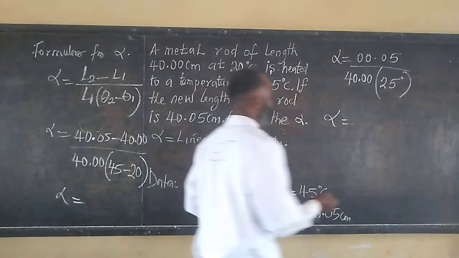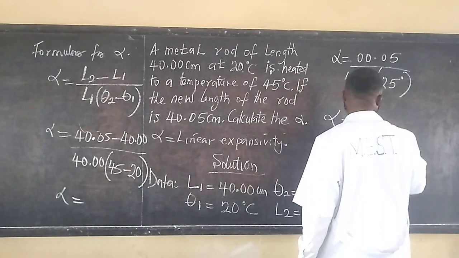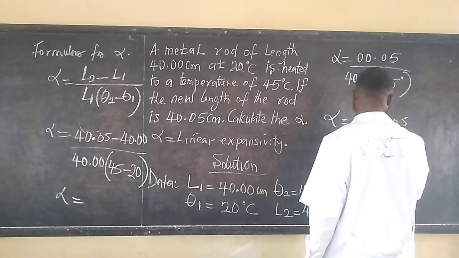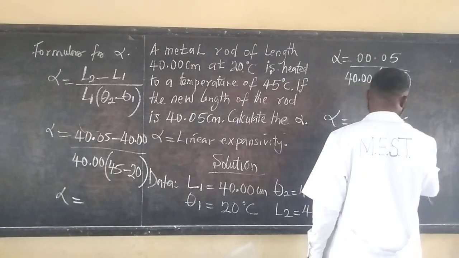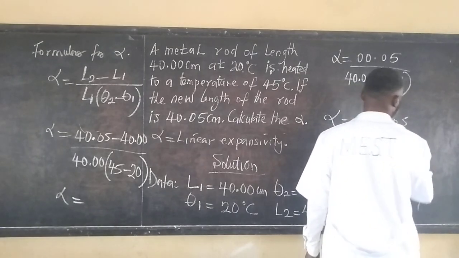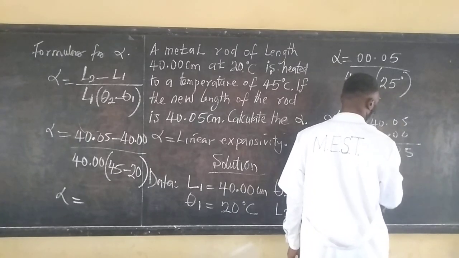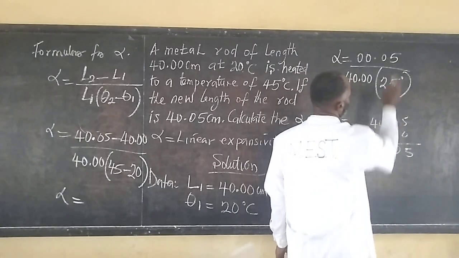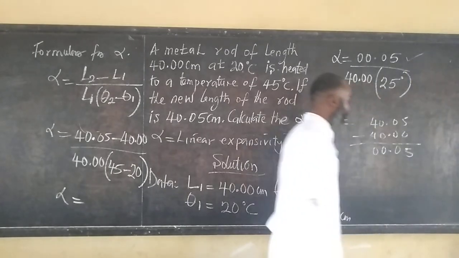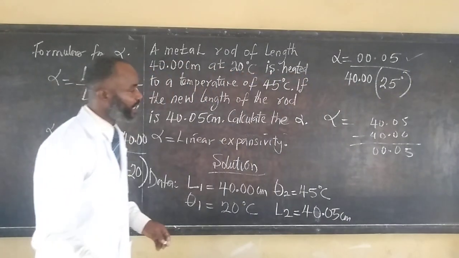If we say 40.05 minus 40.00, I just want us to be very certain. We bring down 5, bring down 0, bring down the point, bring down 0 again. So this is correct. We have cleared that doubt.